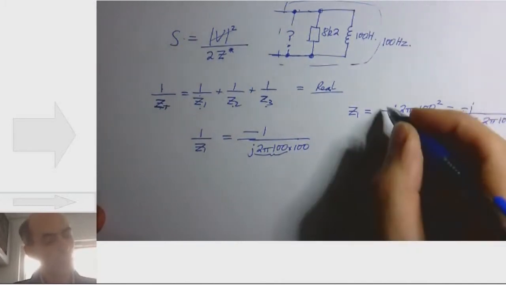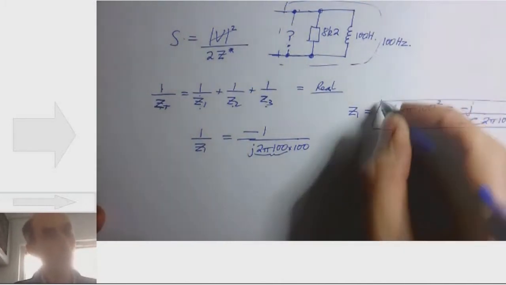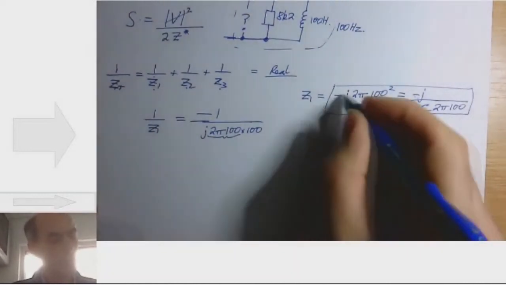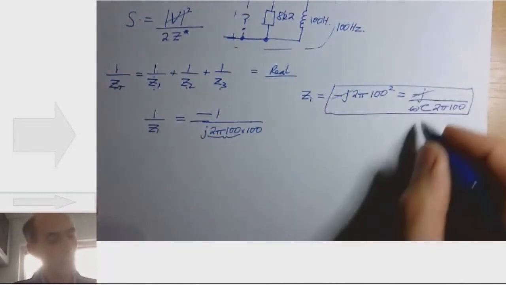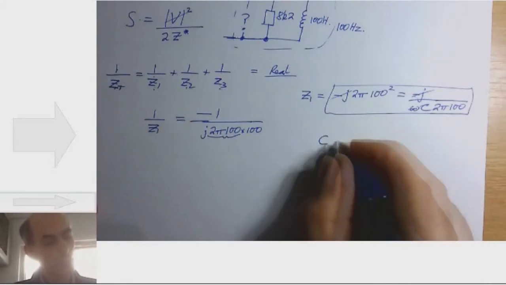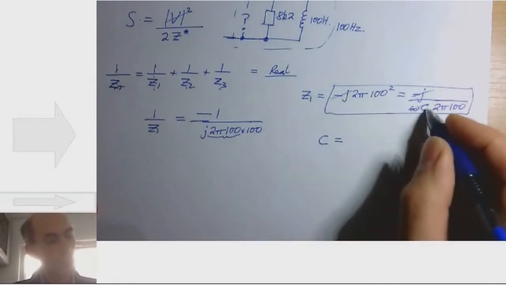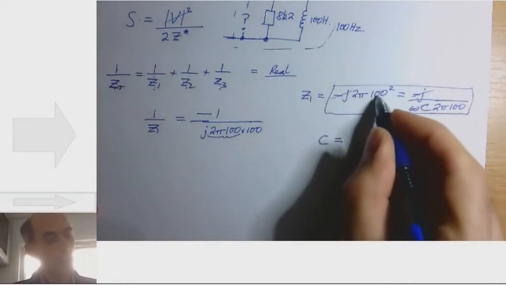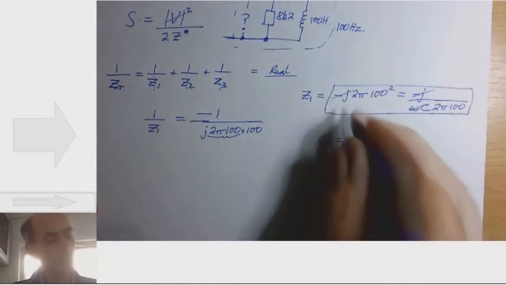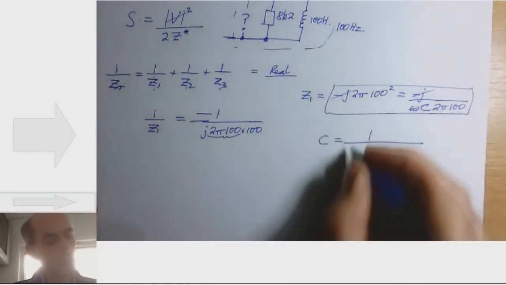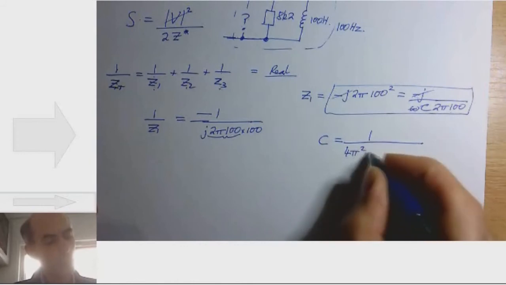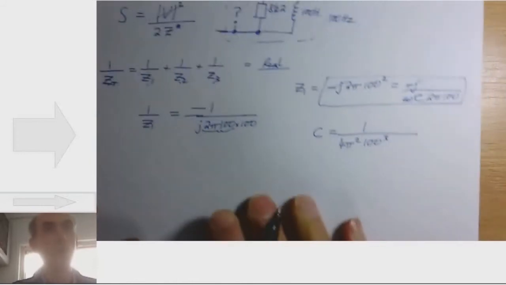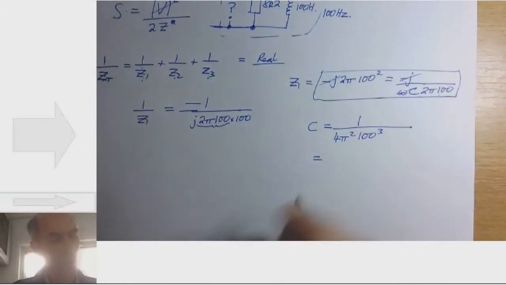So if we take this equation here and simplify it, the minus j's cancel out, bring the C up here. That would be C equals, and bring the 2 pi 100 squared down here, C equals 1 over 4 pi squared 100 cubed. What's that?